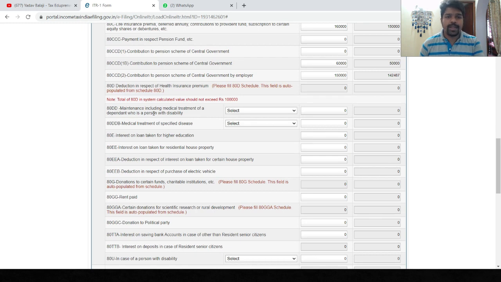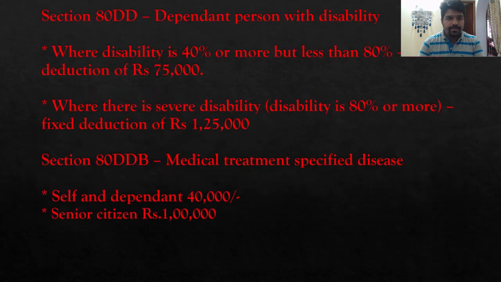80DD, maintenance including medical treatment of a dependent. In the 80DD section, if your parent or dependent has any handicap or disability, there is a certain percentage. If it is 40 to 80%, then up to 75,000 you can claim. And if it is severe disability, more than 80%, then up to 1,25,000 you can claim.